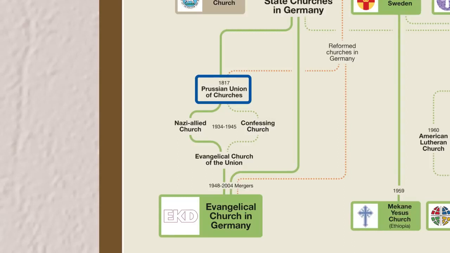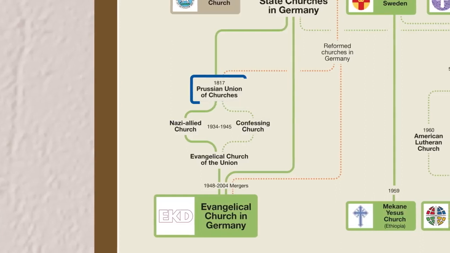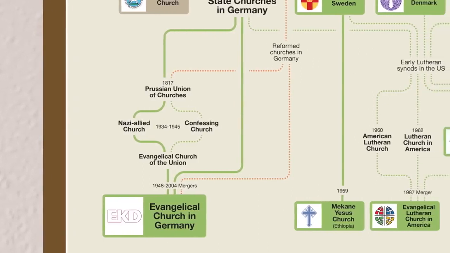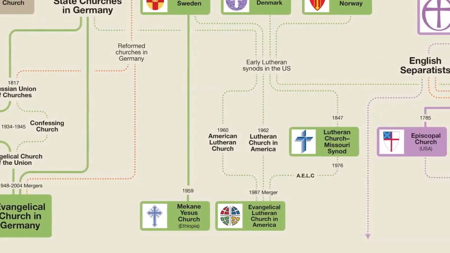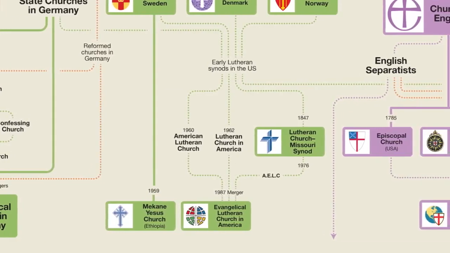Now, not everyone was happy about this, especially on the Lutheran side, because some felt that their beliefs were going to have to be watered down in order to accommodate the Calvinists. So during the remainder of the 1800s, there was a quite large migration of German Lutherans to the American Midwest.